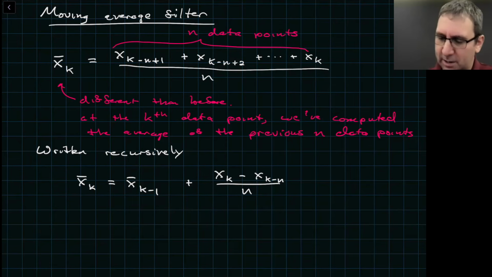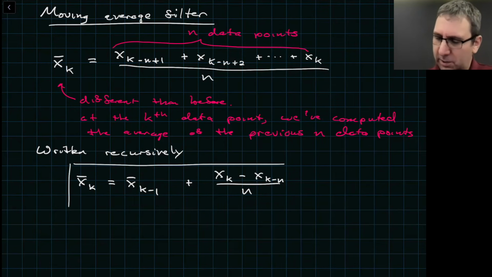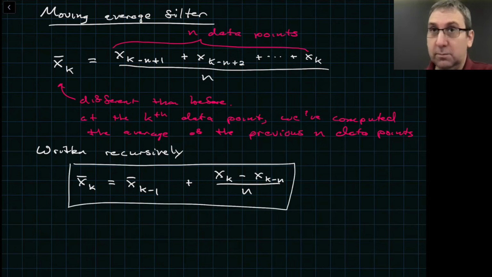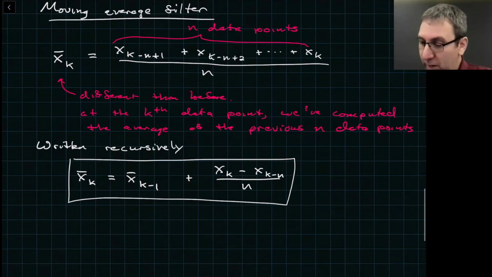So this is writing things recursively. It'll give some speed up, because instead of having to average n points, we're just taking 2 points, x k and x k minus n, and dividing by n. So this will be quicker than a batch approach. All right. So this is the moving average filter.